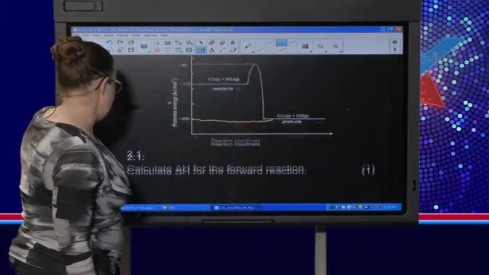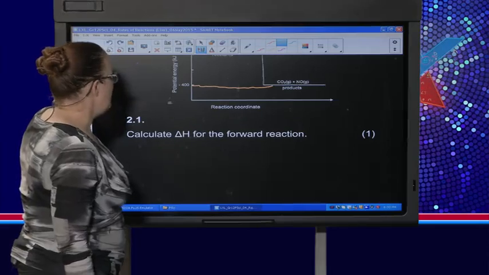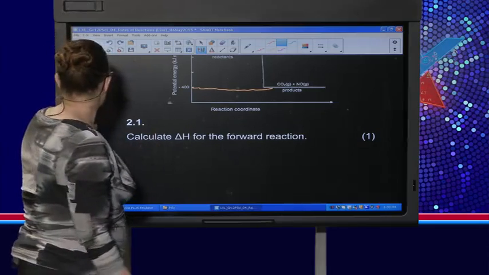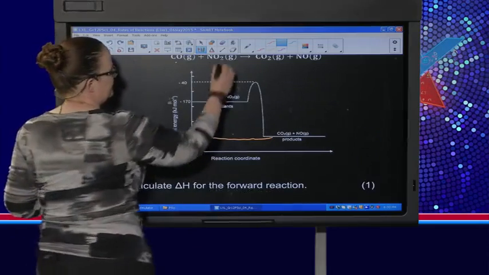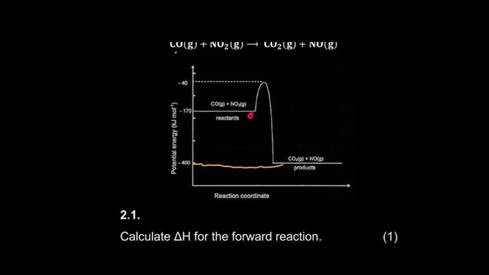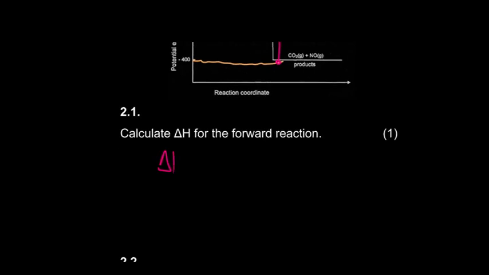So the first thing they'll ask you is to calculate delta H for the forward reaction. Forward reaction means I'm going up the hill, and I'm coming to here. Delta H is the difference between the energy of my products and the energy of my reactants.